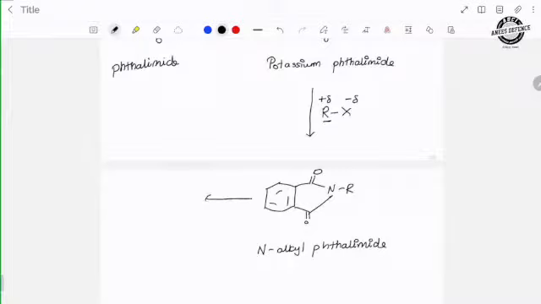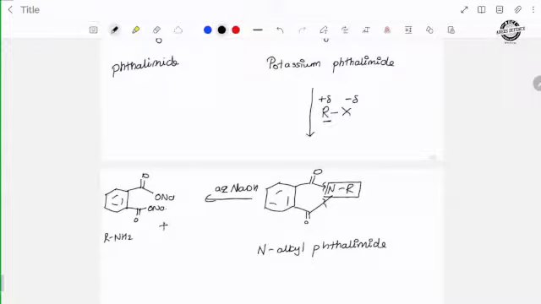Next, last reagent is aqueous NaOH. So what will happen is that this N and R will be removed in the form of RNH2. We have to break this bond and this bond. What will be the resultant byproduct? ONa.